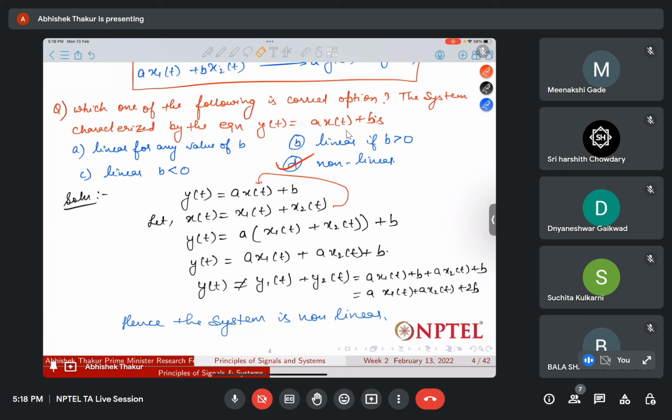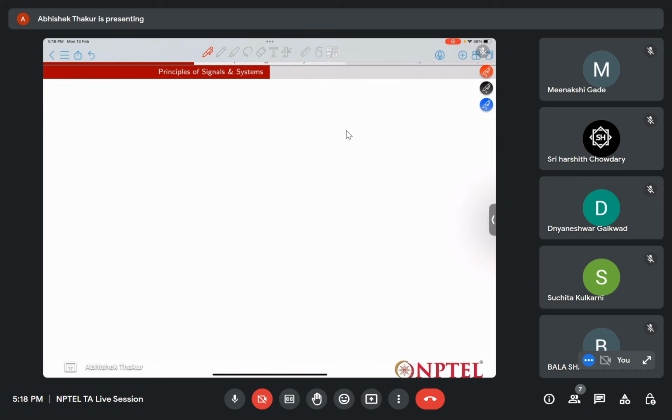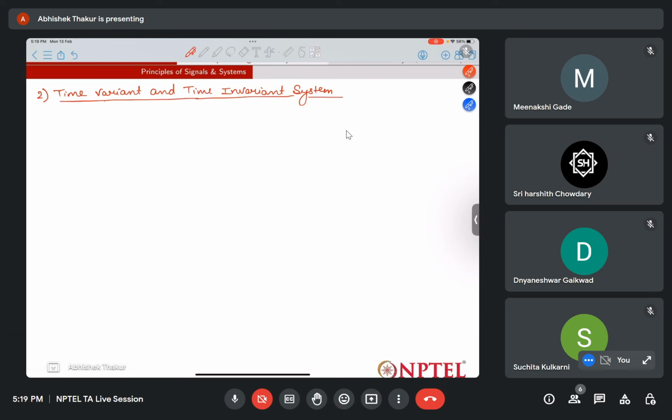Okay, so now we will see another important property, that is time variant and time invariant systems.